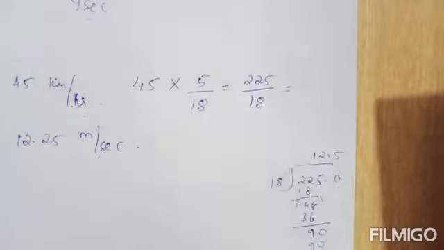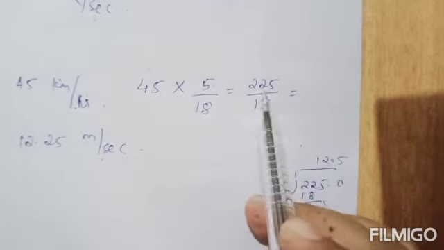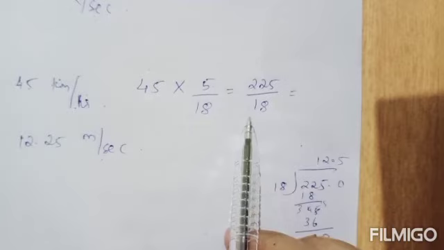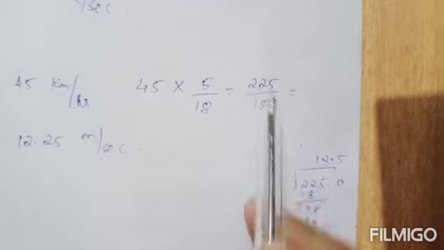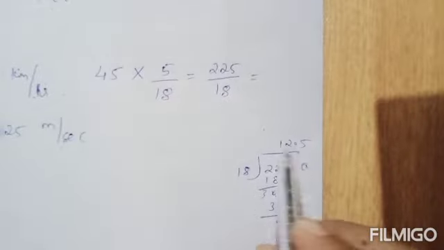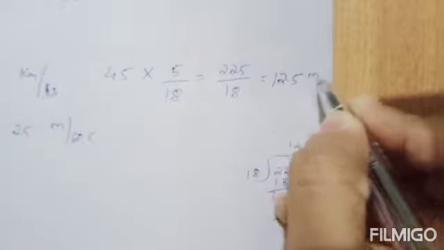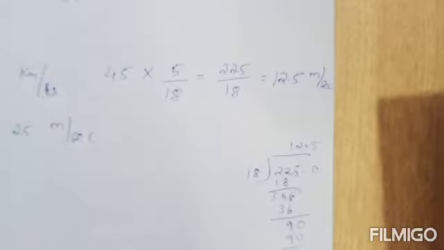Okay, now 45 into 5, on multiplying you will get 225/18. Okay, you can divide this 225/18, you will get the quotient 12.5. Okay, so the answer is 12.5 meter per second.